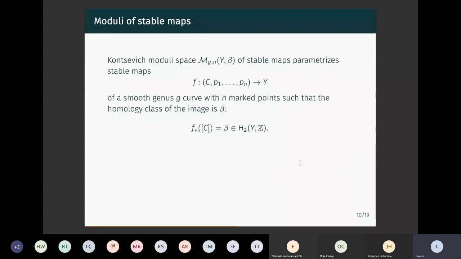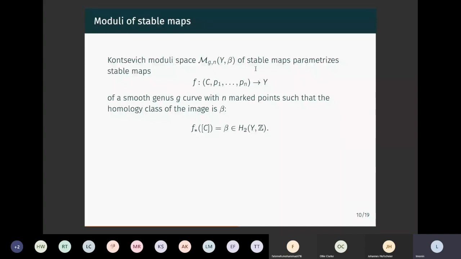For this, let me remind you about the moduli space of stable maps. Kontsevich defined this moduli space of stable maps of genus g curves with n marked points to a complex variety Y, where we fix some class beta in its second homology.